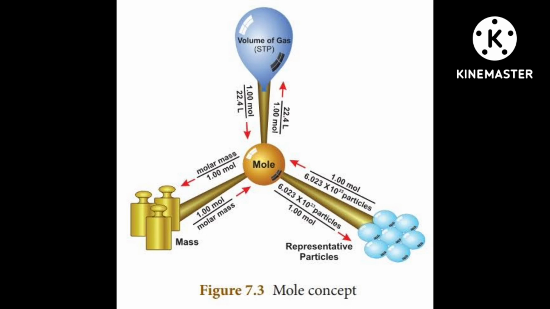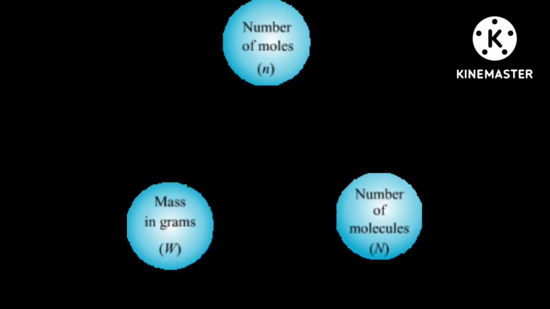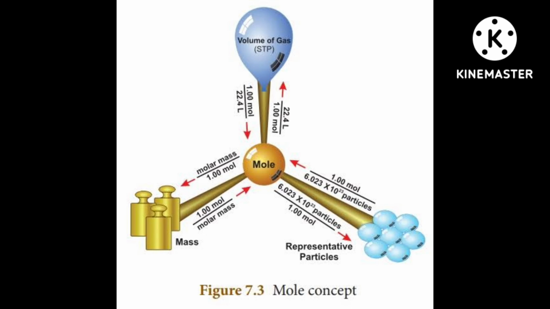In order to determine this number precisely, the mass of a carbon 12 atom was determined by an instrument called a mass spectrometer and found to be equal to 1.992648 into 10 to the power minus 23 gram.